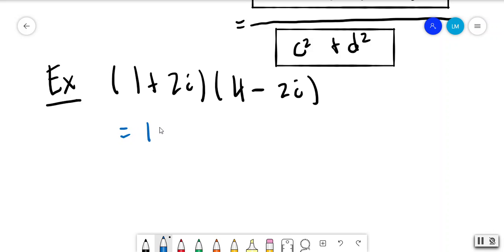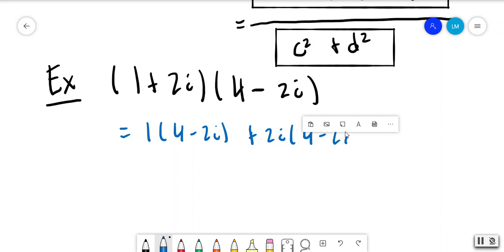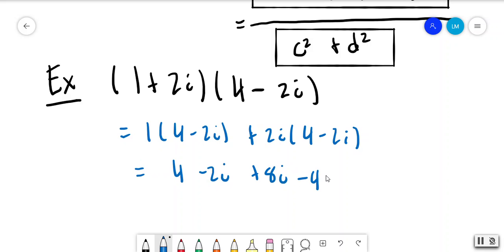So we have 1 times 4 minus 2i, plus 2i multiplied by 4 minus 2i. Now this is going to be equal to 4 minus 2i plus 8i minus 4i squared.